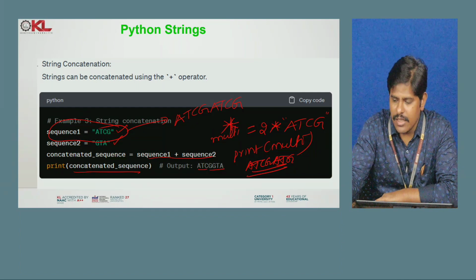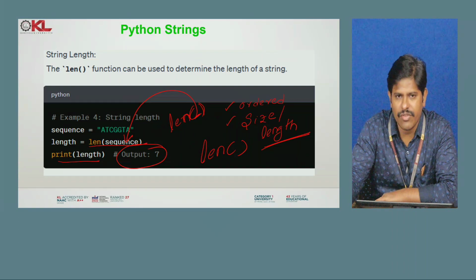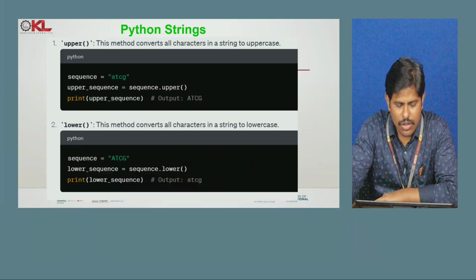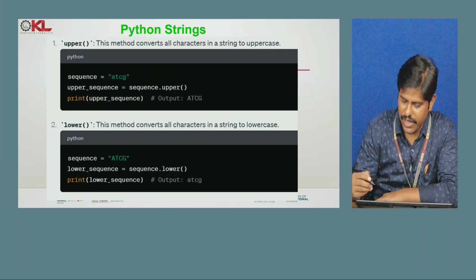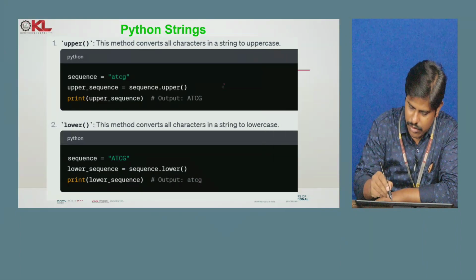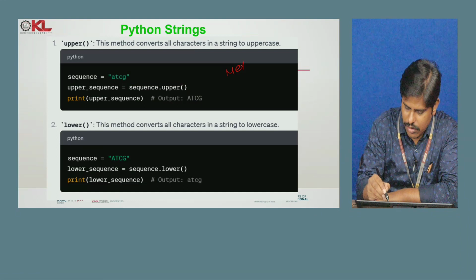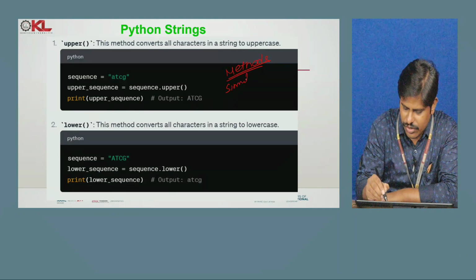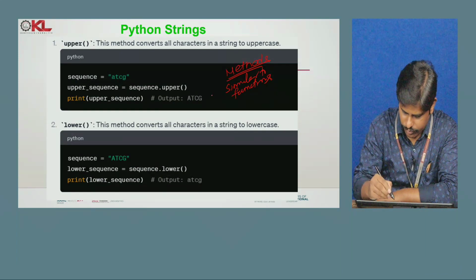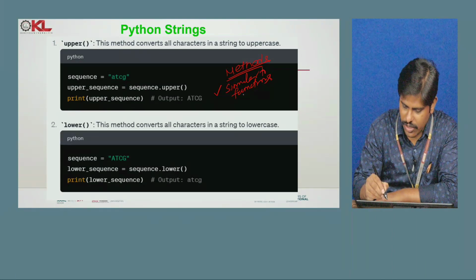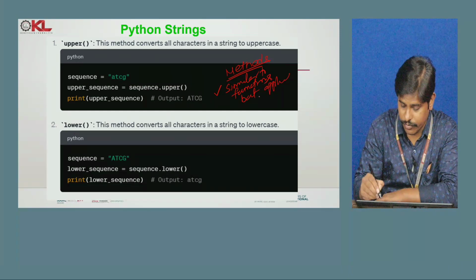And Python has specific functions applicable to data types. Those are called methods. So Python methods are similar to functions, but applicable to data types.